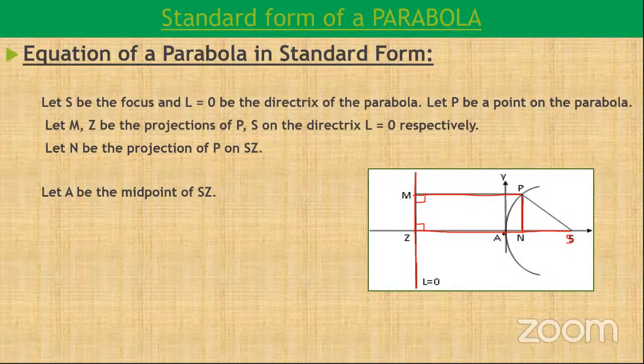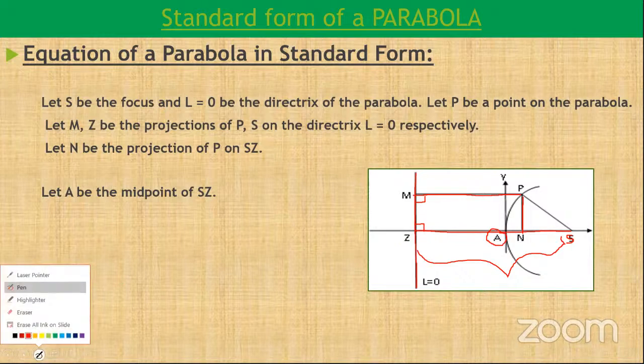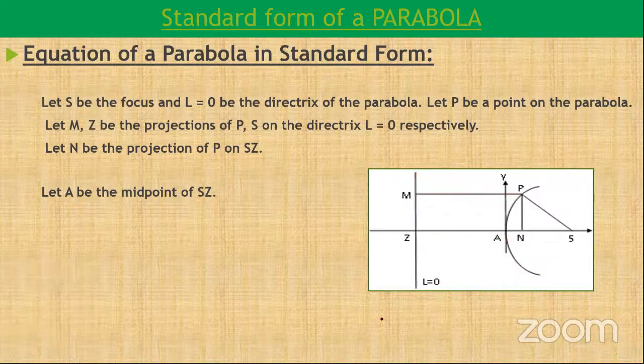And then we have a point A, which is the midpoint of Z and S. So A is a point such that ZA is equal to AS.